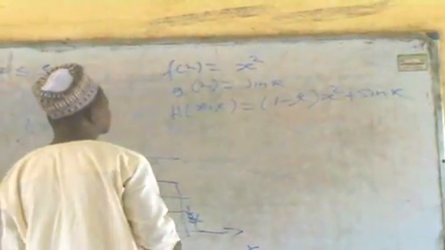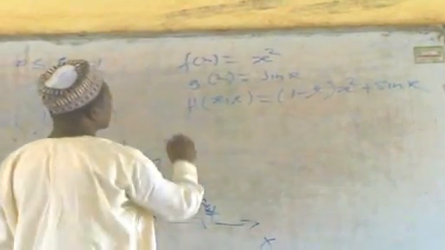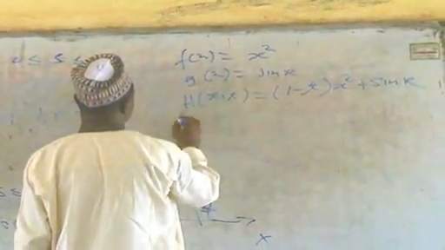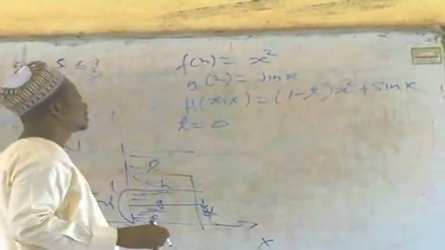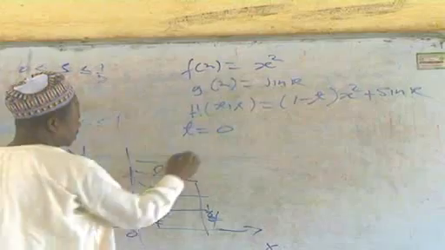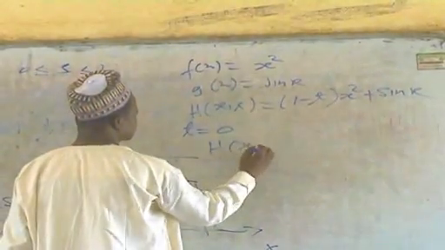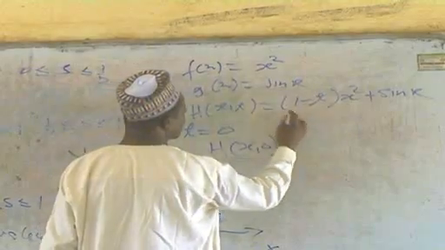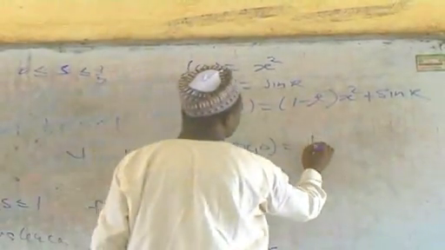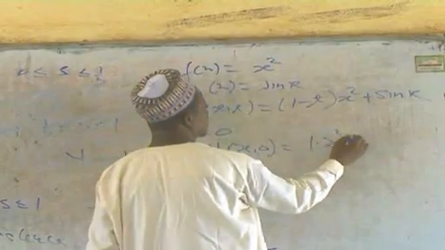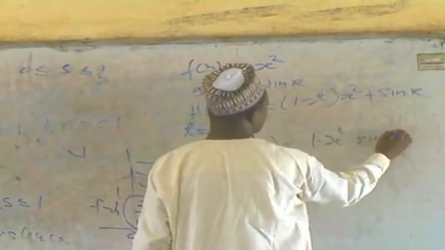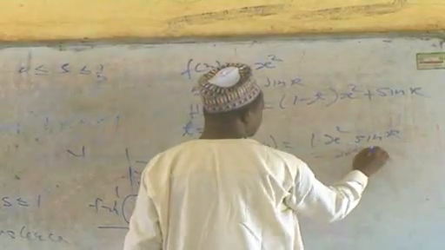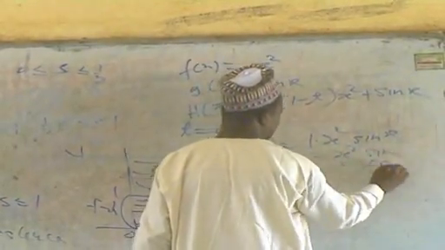When t is 0, what happens? If you allow t to be 0, then you have h of x, 0. It's going to be 1 times x squared, and this is just x squared, which is f of x.